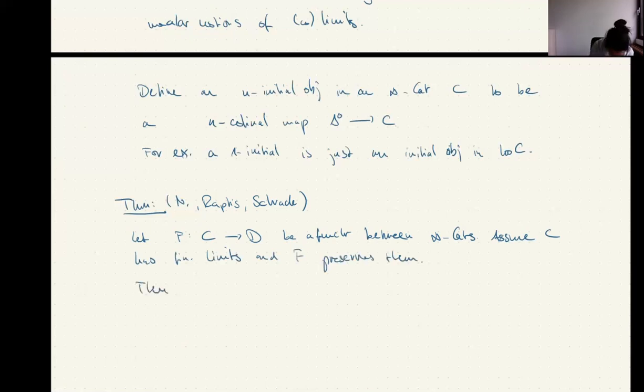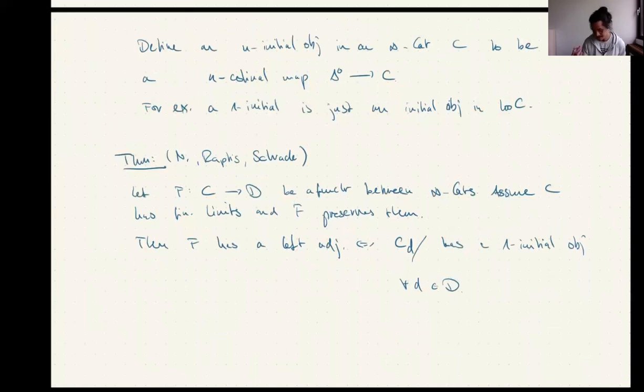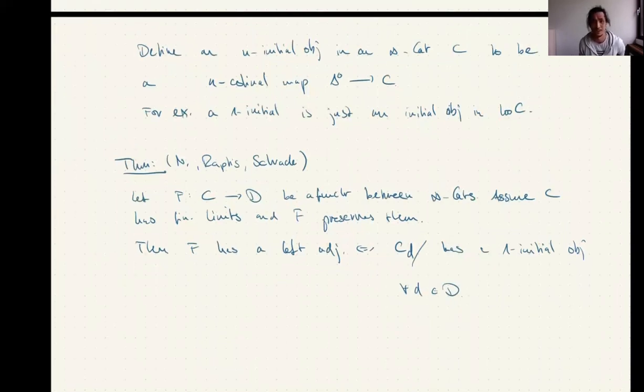Then F has a left adjoint if and only if we take the slice under an object D of D, and this is supposed to have a 1-initial object for all objects D of D. So that's one version of an adjoint functor theorem in the setting of higher categories.